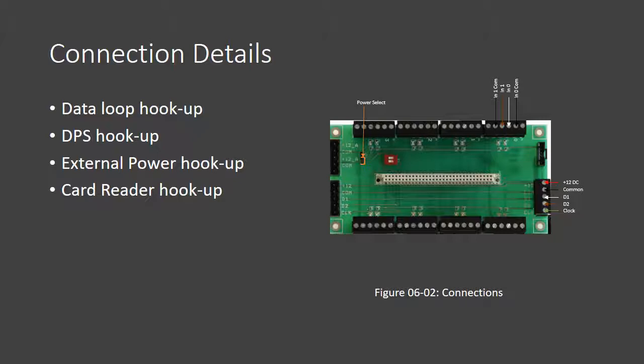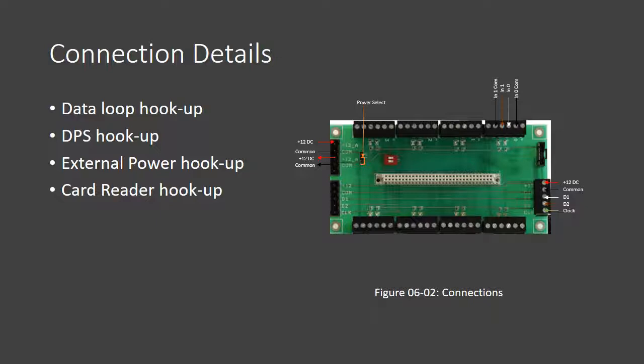And to select the external power supply as the power source for the card readers, you need to move the jumper to the non-default position as shown on this arrow here. The connector for the power allows you to daisy chain the power from one 81222 down to another, and so you can connect the 12 volts DC in and out, and then the common in and out.